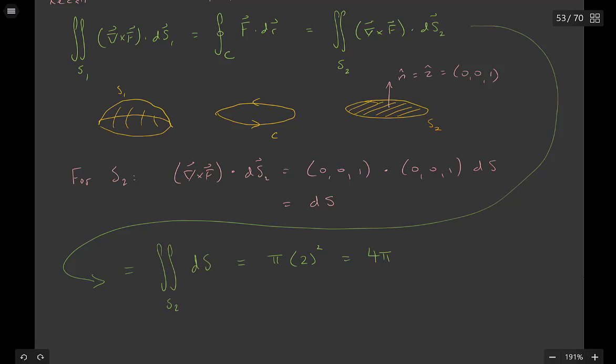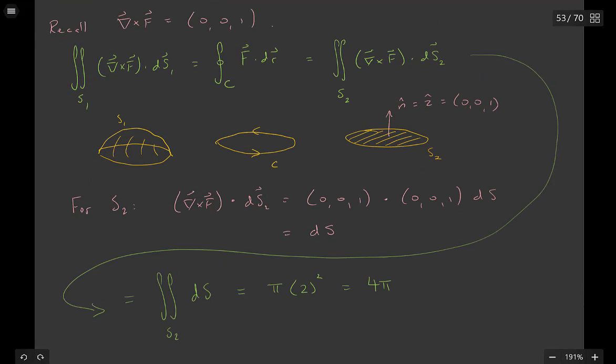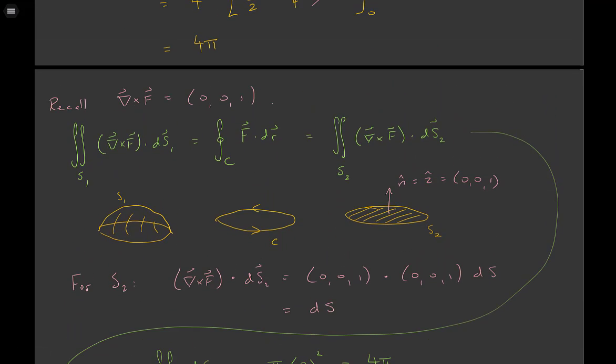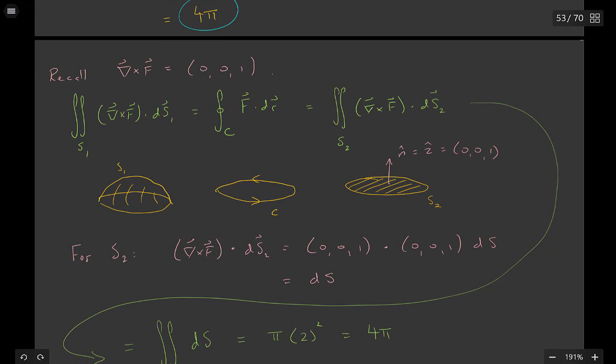I've just replaced grad cross f dot the normal vector with 1, because that's what it works out to be. And so effectively, I related my original flux integral over S1 to a flux integral over S2. And this second flux integral was really easy to work out. And comparing to what we got for the line integral, which was also a lot easier than working with the original surface, I got my answer of 4 pi again, which is always a good sign.